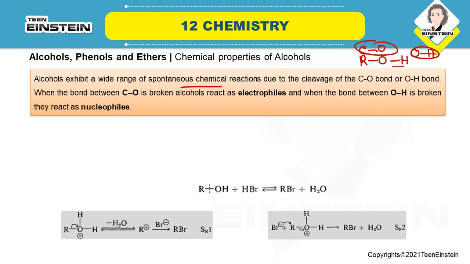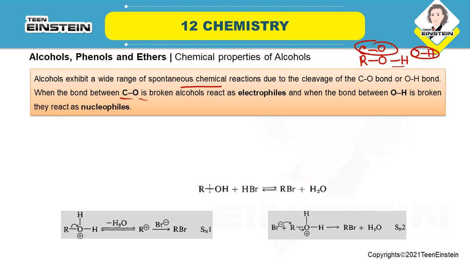So cleavage may be at the CO bond or at the OH bond. When the bond between carbon and oxygen is broken, alcohols react as electrophiles. And when the bond between oxygen and hydrogen is broken, they act as nucleophiles.